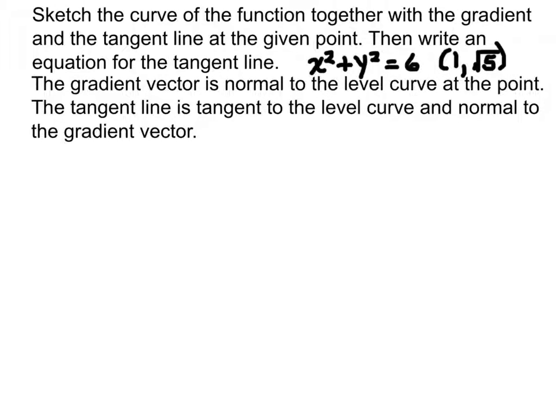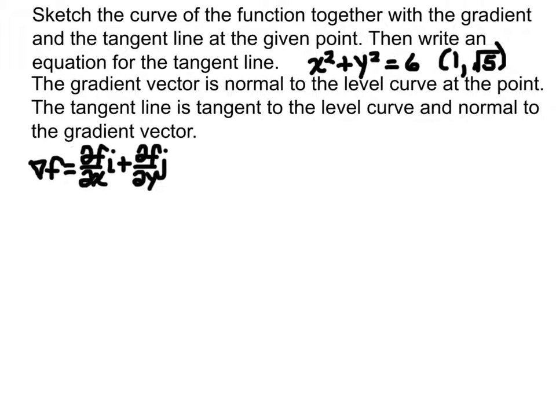Let's start by finding the gradient. The gradient is the partial derivative of f with respect to x in the i direction plus the partial derivative of f with respect to y in the j direction.